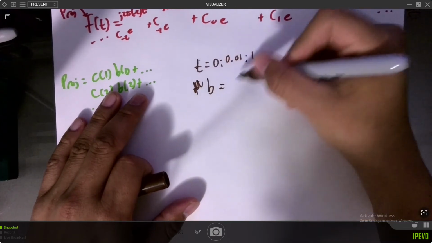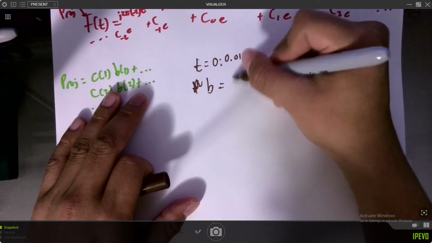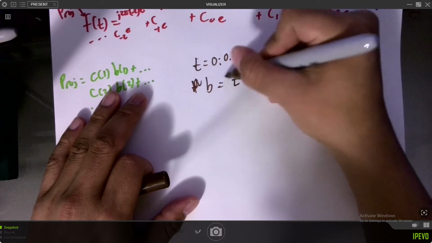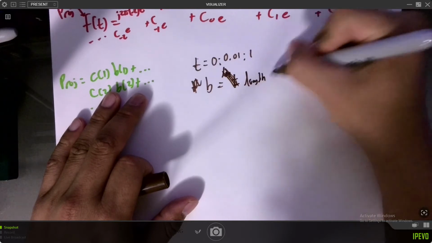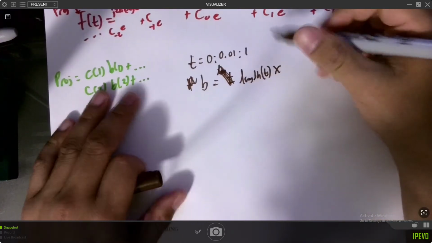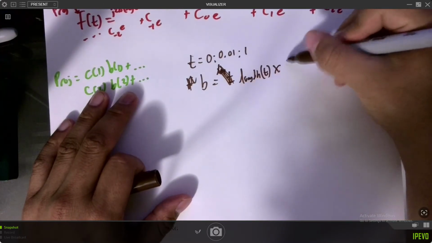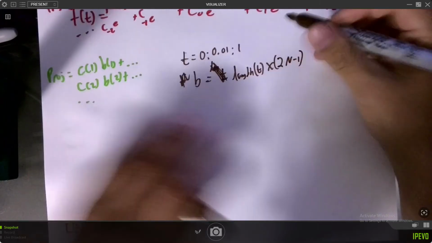And you want to have it as a vector of time, so the length of t by however many signals you have, which is 2n minus 1. There we go.